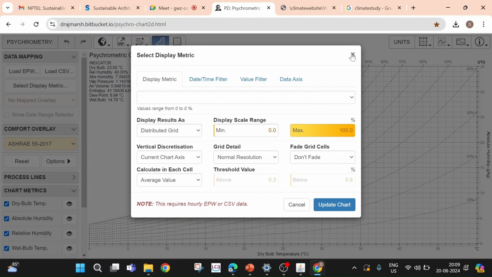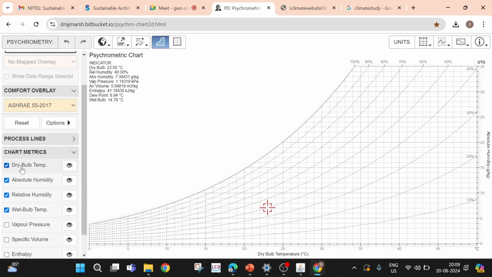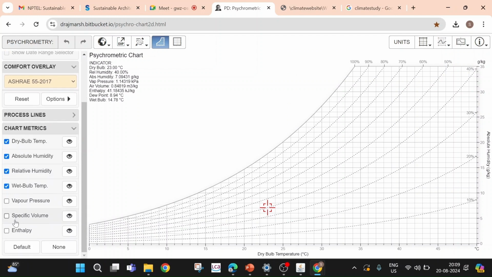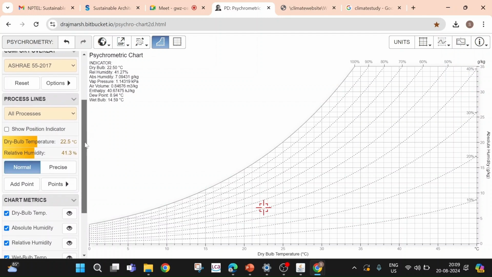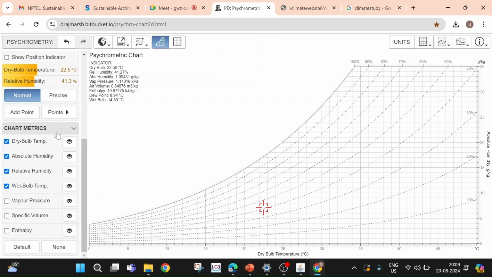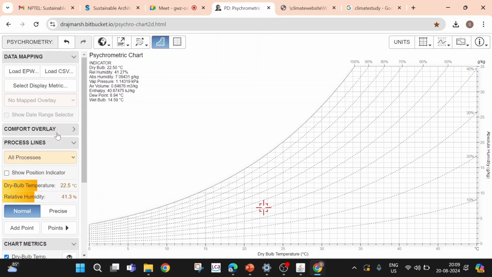Then you can tick mark which data you want to show. Whenever you use this site, you can analyze the comfort zone, or the comfort range for this particular location whose EPW file you have mentioned.